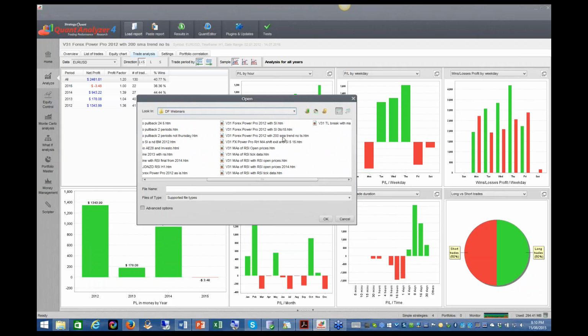So that was with a trend, and here is one where I took that same strategy, left the 200 simple moving average trend in place, but also used an exit rather than just the hard stop loss and take profit.